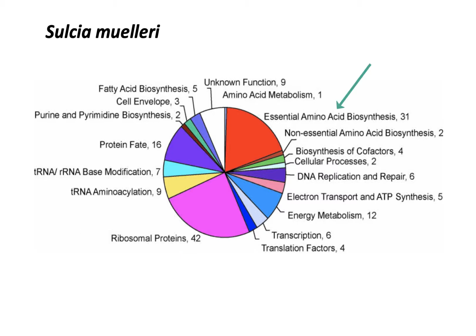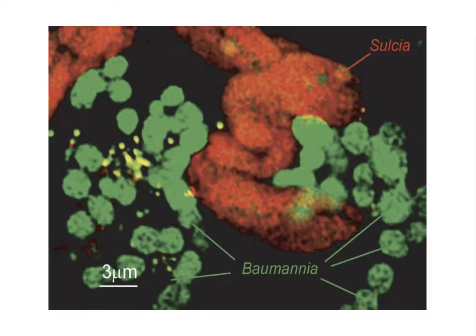The other large category is genes to produce essential amino acids, and that's primarily the function of this organism, providing amino acids for the sap-feeding insect. But Solsia has help from another endosymbiotic bacterium within the genus Baumania. Solsia produces the amino acids, and Baumania produces other compounds that are necessary for the life of that sap-feeding insect, the glassy wing sharpshooter.